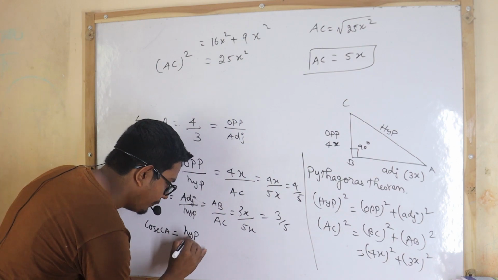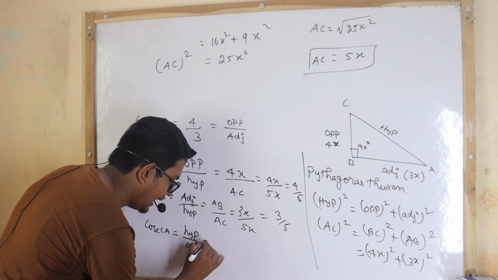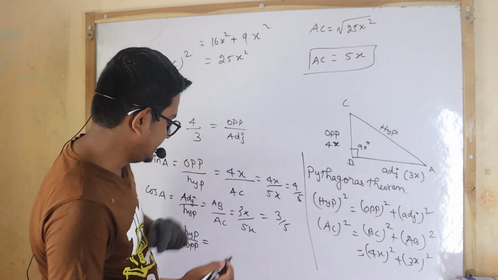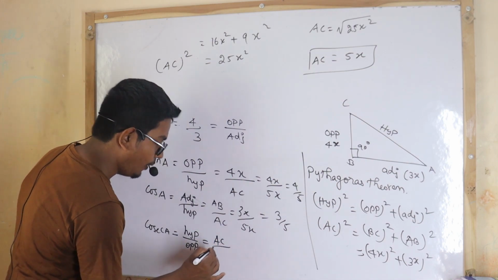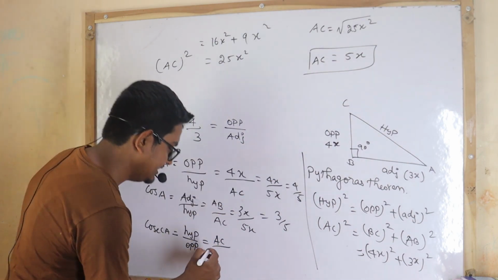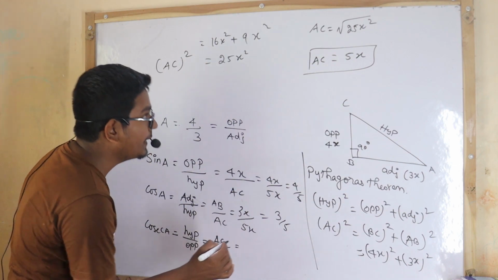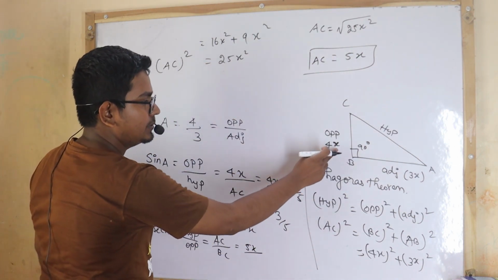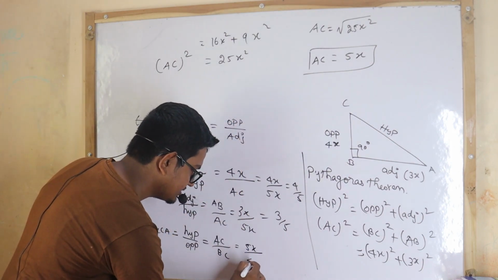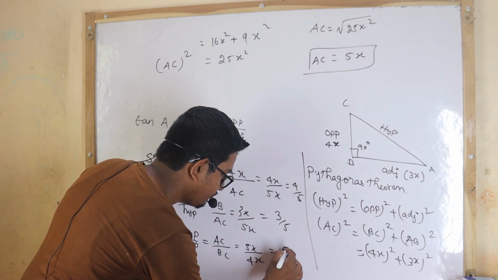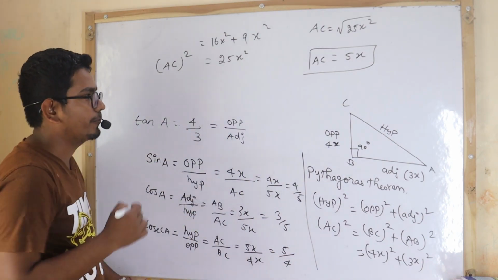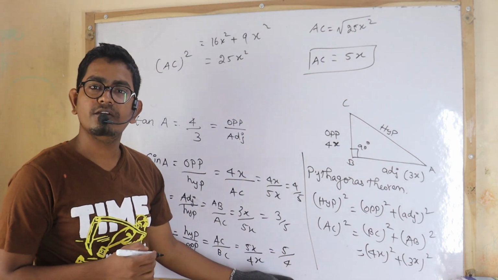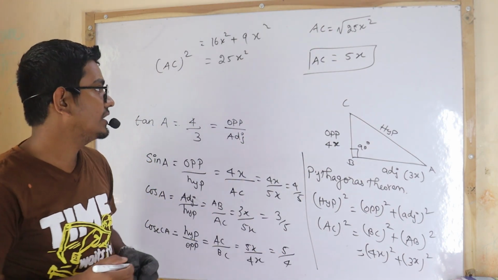Hypotenuse upon opposite. Hypotenuse, here AC, upon opposite term, it is BC. What is the hypotenuse we got? 5x. BC is given to us as 4x. Then it becomes 5 by 4.